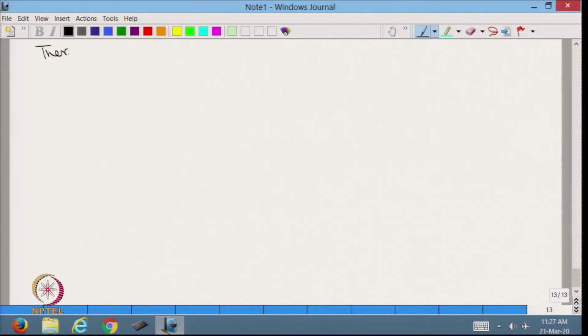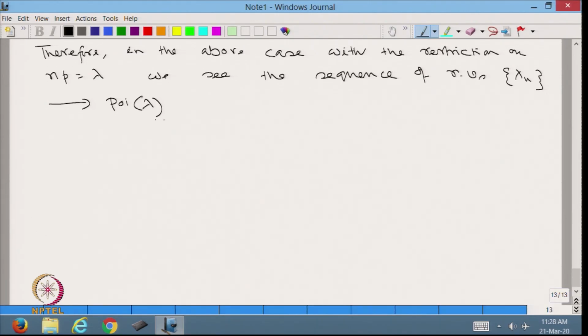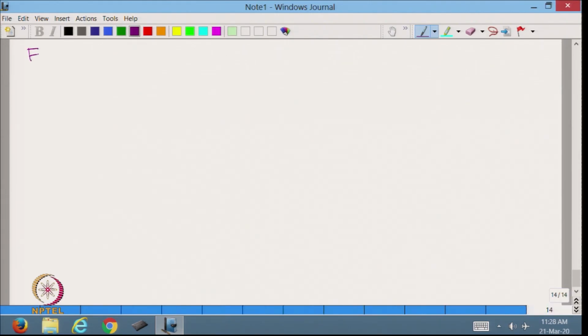Therefore, in the above case, with the restriction that np is equal to lambda, we see the sequence of random variables xn converges to Poisson with lambda. Let us now consider another example.